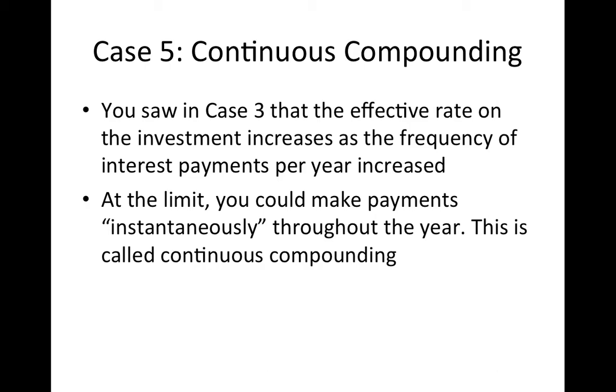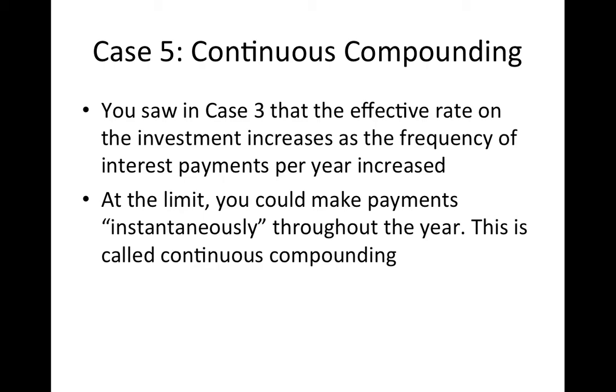You can take the year and keep slicing it into smaller units: from a quarter to a month to a day to an hour, paying interest once an hour, once a minute, once a second. At some point, the limit of that, the smallest period you can slice it into, is an instant. We call that instantaneous compounding. We use the term continuous compounding to mean imagine what would happen if you earned interest every instant.